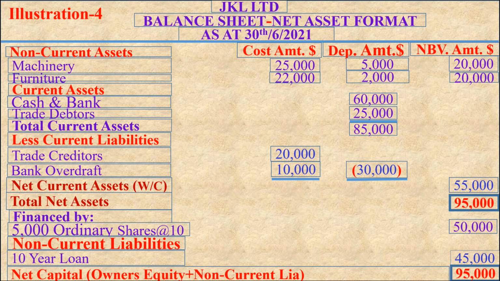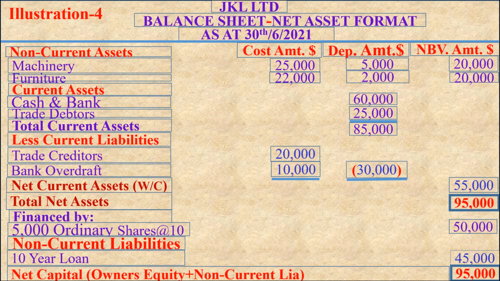So you realize that in this case, it is quite different from the case of the gross balance sheet format, because here we are simply focusing on distinguishing between the long-term sources of finances, whereby one is the internal source, like the owner's equity represented by the owner's share capital, and the other is the non-current liabilities, where we have got the 10-year loan amount of 45,000.